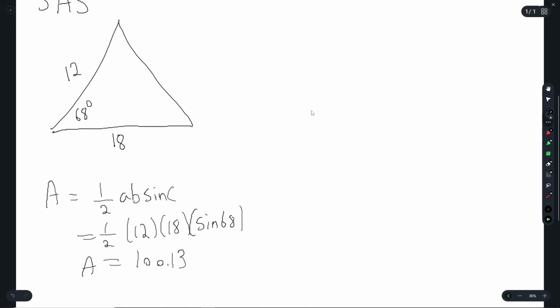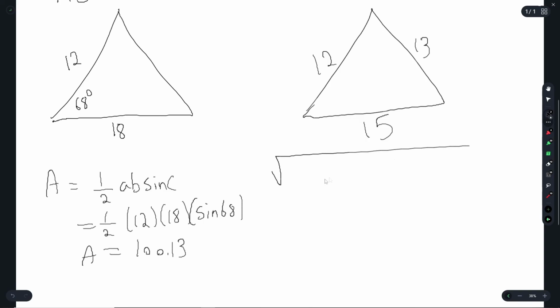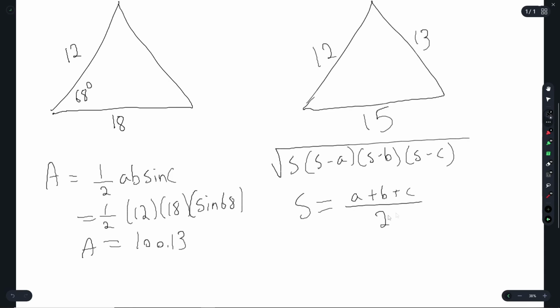Another way you can find the area, they'll give you the three sides of the triangle, so 12, 13, and 15. Then you have to use the formula: square root of S times S minus A times S minus B times S minus C. And here S is the half perimeter, which is all the sides over 2, A plus B plus C. So let's find S. S is equal to 12 plus 13 plus 15 over 2, that's 20.